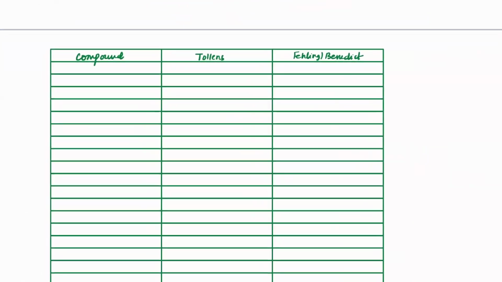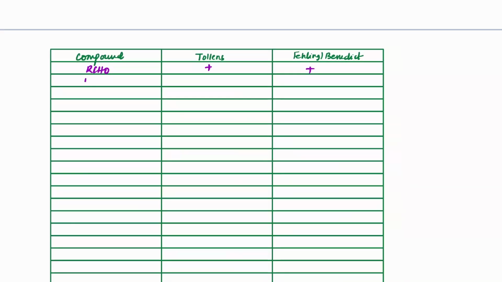See, in this list, what are all the compounds we can make? First, this is the compound, and this is the test. That is Tollens test, and this is Fehling's or Benedict's. So starting with the first, RCHO: positive, positive.